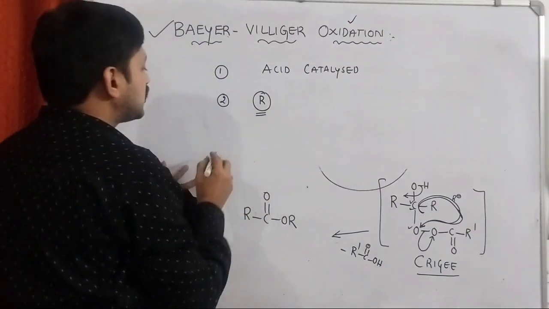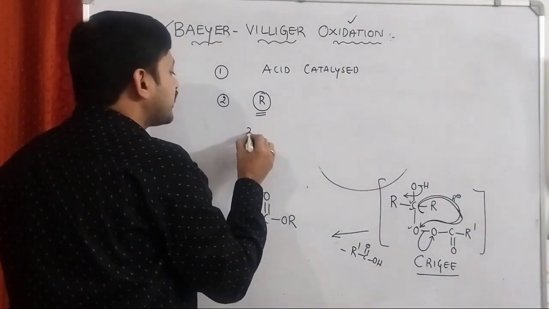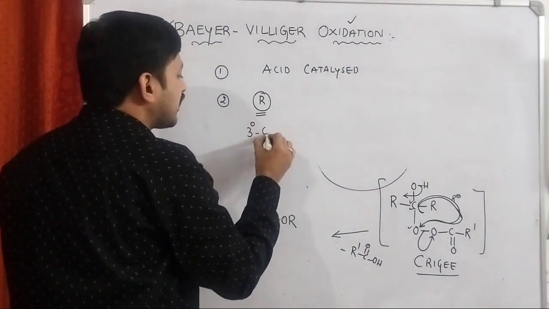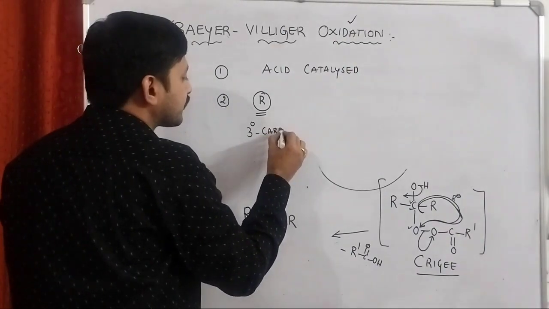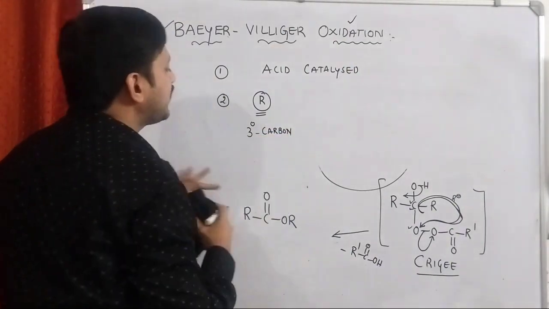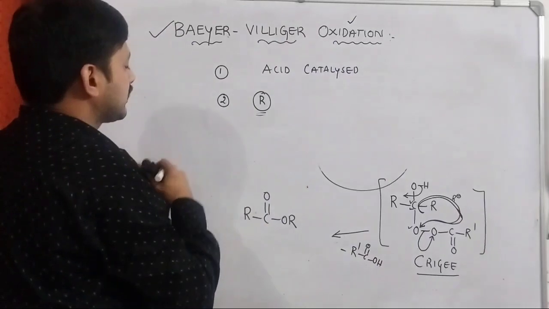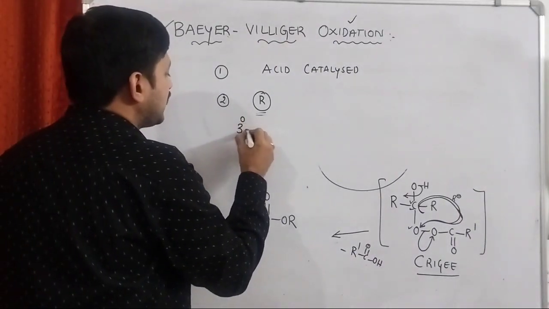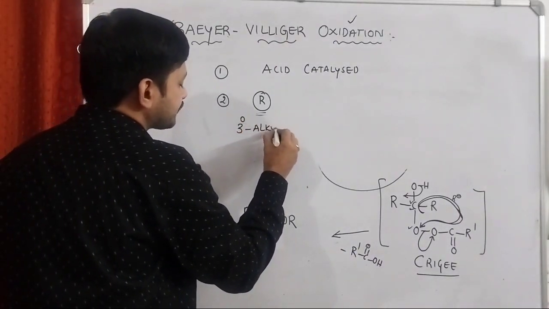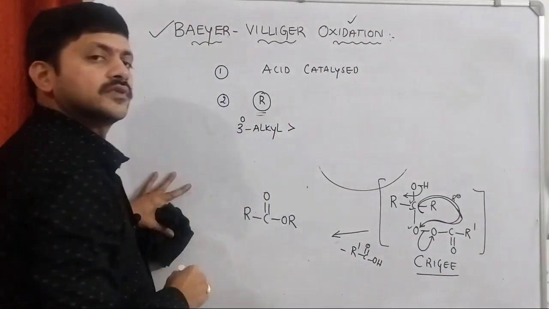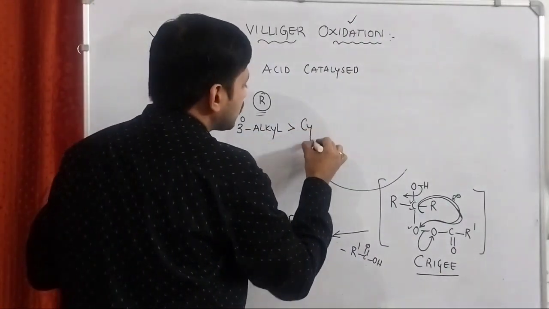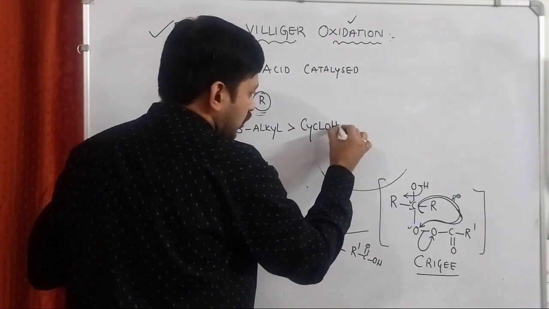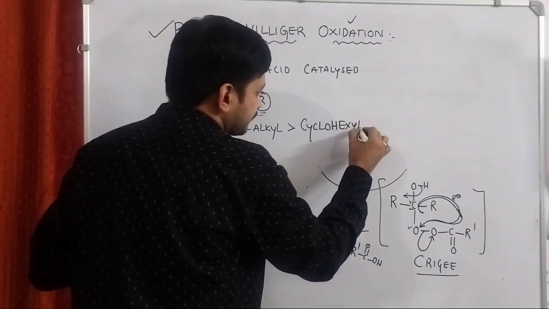It can be written in this way. The first one is tertiary carbon, simply we can say tertiary alkyl group. Second one, cyclohexyl.